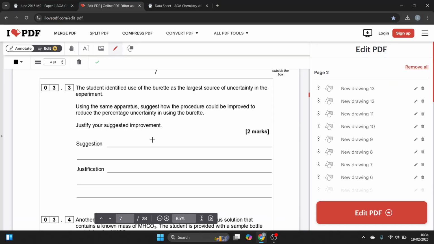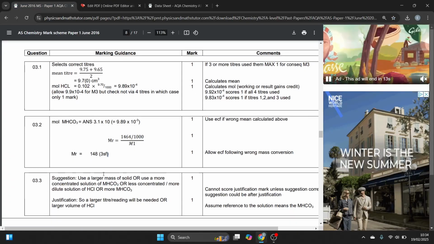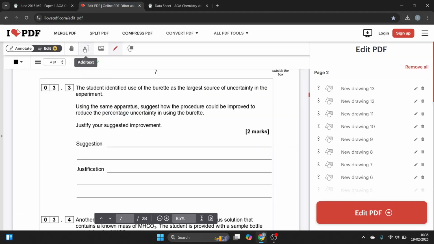Suggest how the procedure could be improved to reduce the percentage uncertainty using the burette. Use a larger mass of solid so a larger titre reading will be needed.